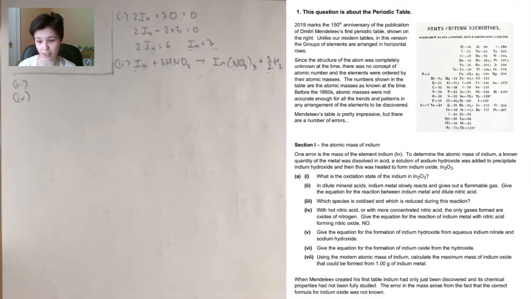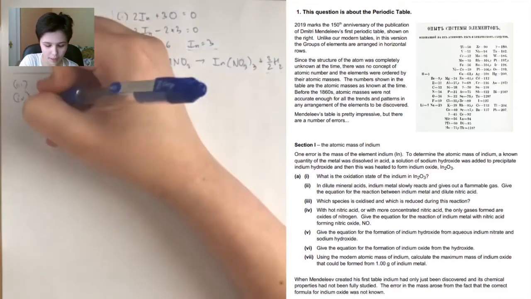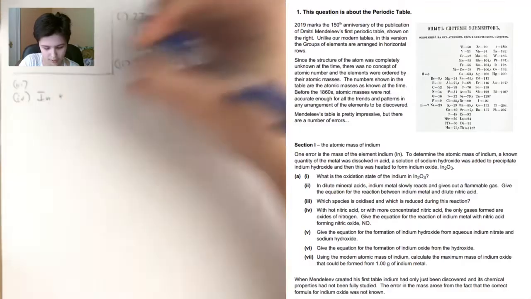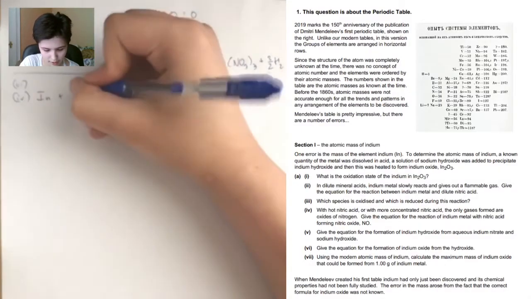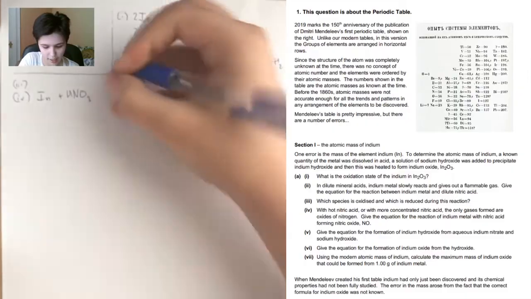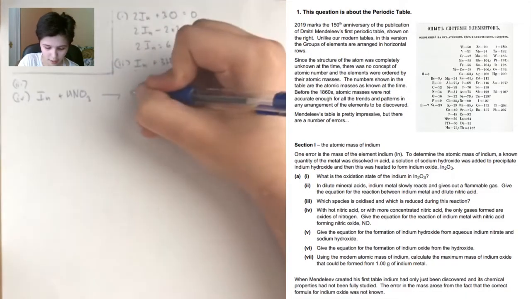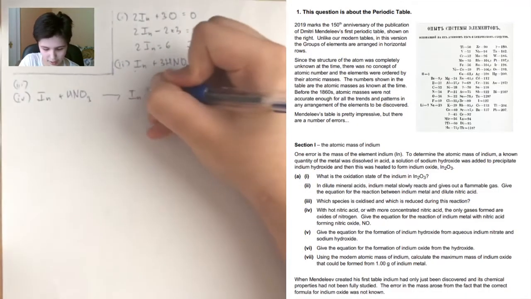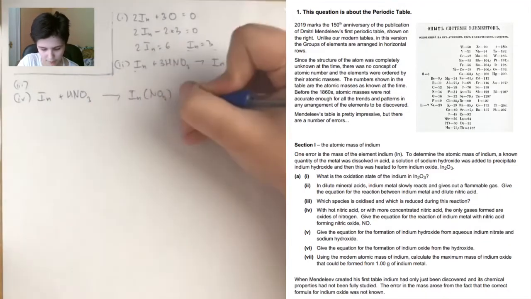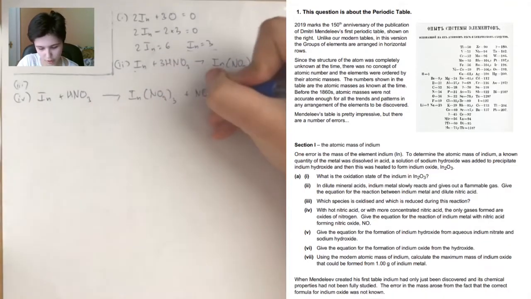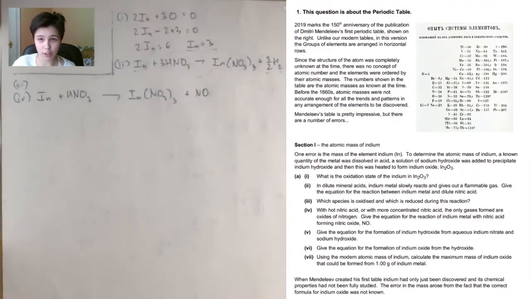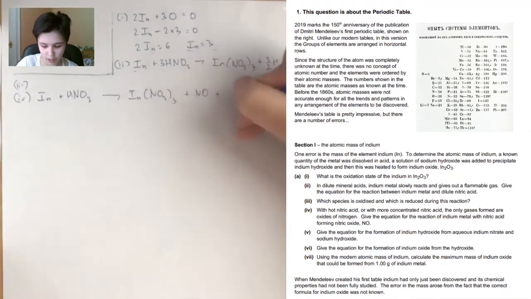I'm going to use that later in the argument and give the equation of the reaction of indium metal with nitric acid forming only nitric oxide, NO. Well, indium metal plus some number of nitric acid, HNO3, gives me the same salt, In(NO3)3, plus NO, and no other gases, so I don't know what to do with my H's apart from convert them to H2O.